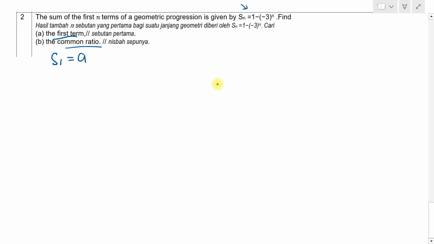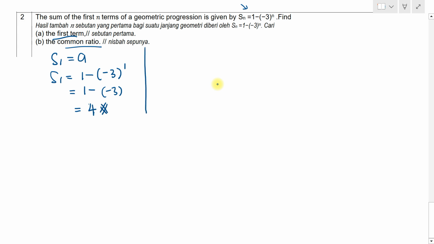So just substitute. S1 is equal to 1 minus bracket minus 3 to the power 1, because the n we replace with 1. So what do we get? 1 minus negative 3 to the power 1 is negative 3. So 1 minus minus becomes plus. 1 plus 3 is 4.